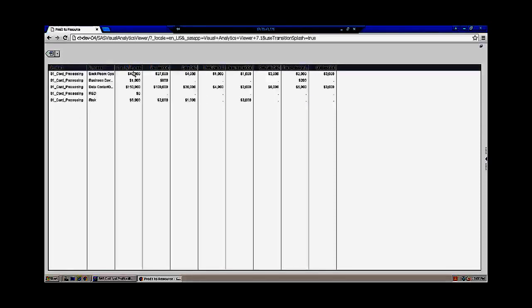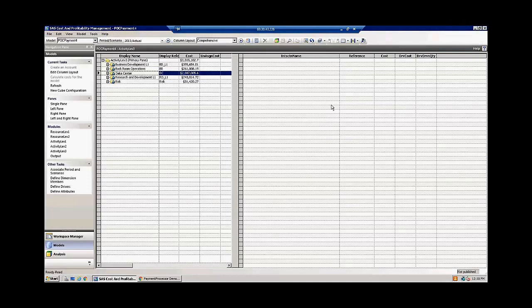Now let's take a quick look at the comprehensive underlying SAS CPM model used to generate our analysis. On the right, we can see different assignments of cost from process level to combinations of product, channel, and so on. The dollar values under driver cost represent the amount of cost contributed by each allocation.